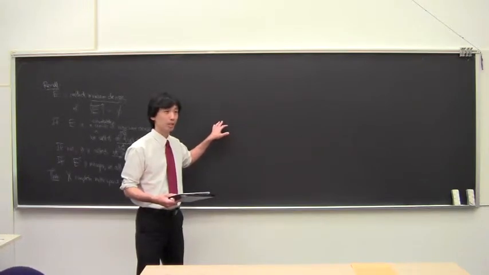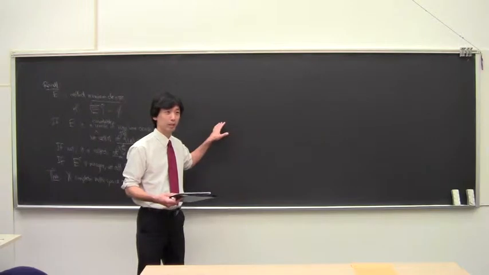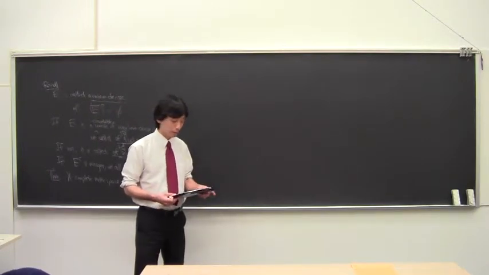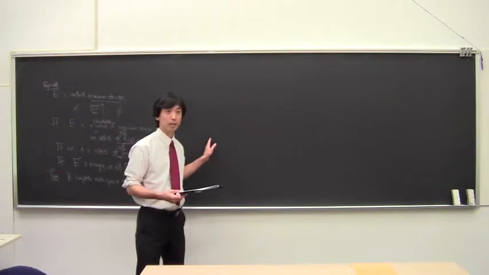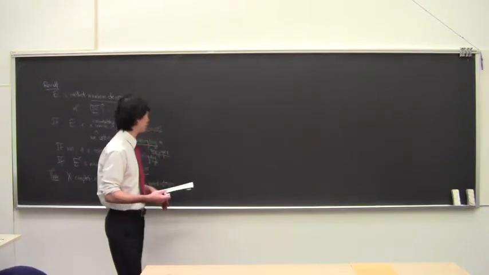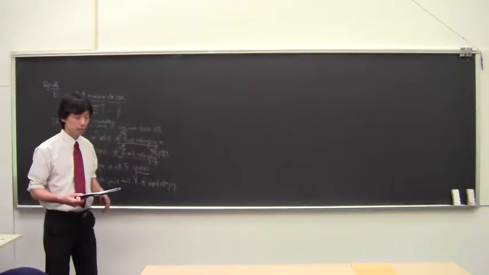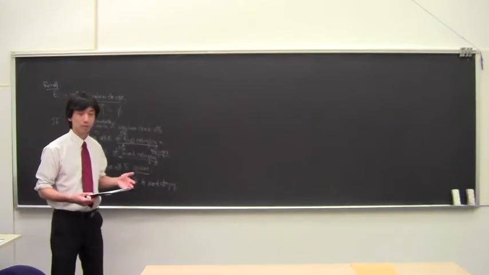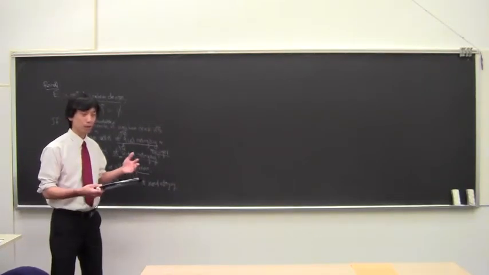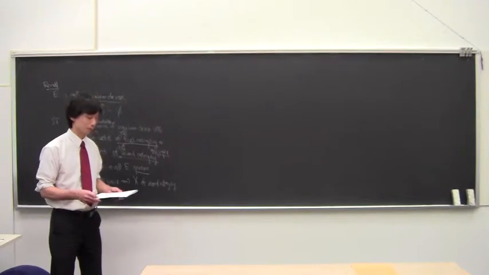But you're wondering about the points of discontinuity of that function. And it turns out that the set of points of discontinuity of that function is meager. So it's continuous on a large set in some sense.